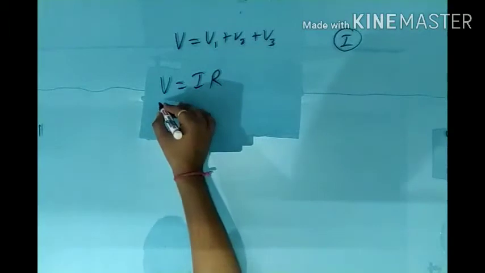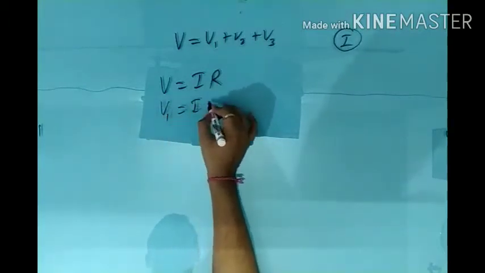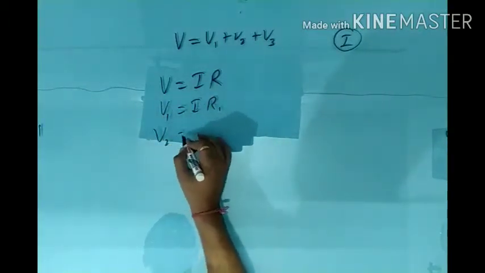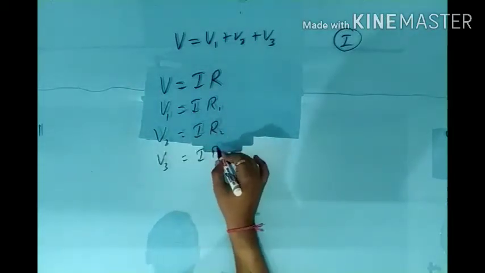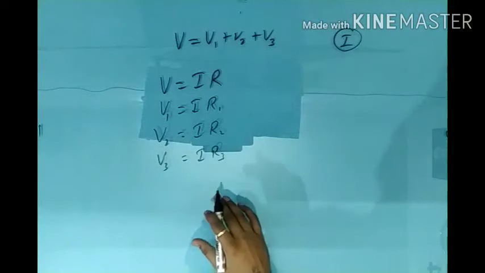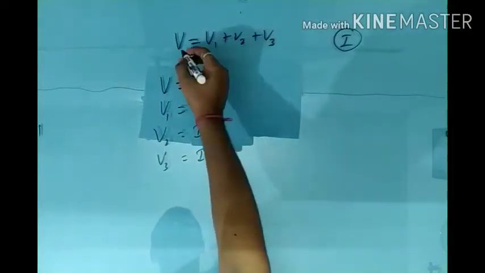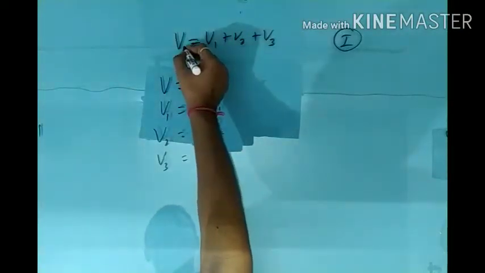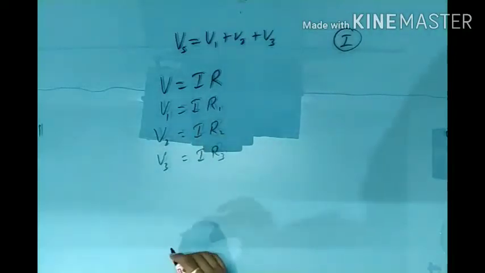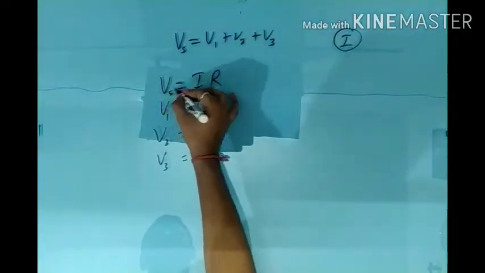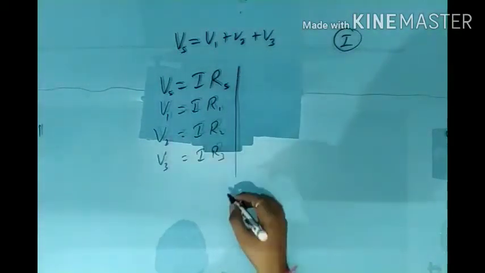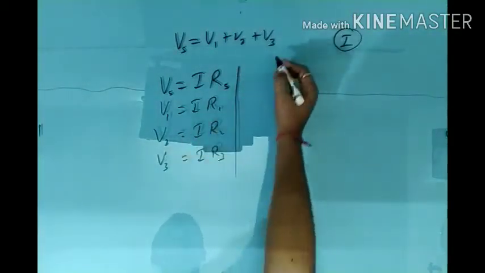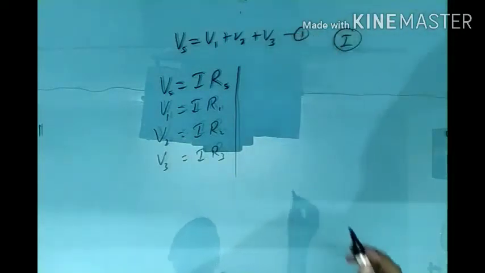Similarly for V1 it is IR1, V2 is IR2, V3 is IR3. For the sake of simplicity, we can say that potential V is for series. Now replace this with S. Now put these values in equation number 1.